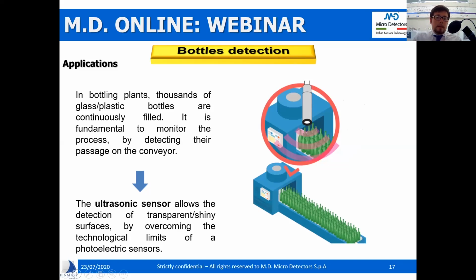And for instance, a photoelectric sensor will have some issues related to the transparencies, while, as we said before, an ultrasonic sensor is not afraid of the transparency, and it could work very well. In particular, here we can suggest our through beam sensors of the cubic series UH, as we are going to see later on.